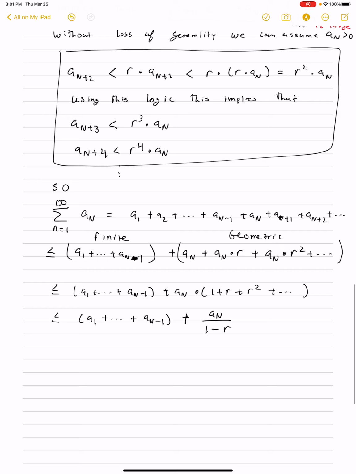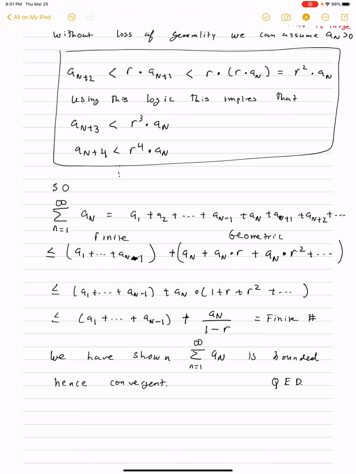Since this is a finite number, we have shown that the summation from n equals 1 to infinity of a sub n is bounded, hence convergent, by the monotonic sequence theorem. Okay, and then we put this word here, QED, meaning that we've demonstrated what we set out to prove.